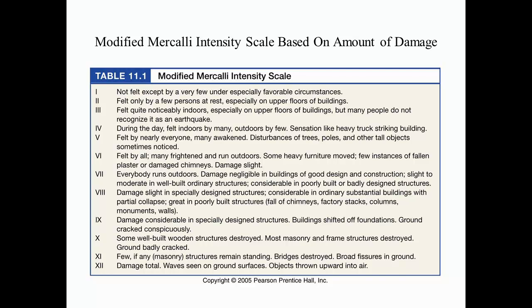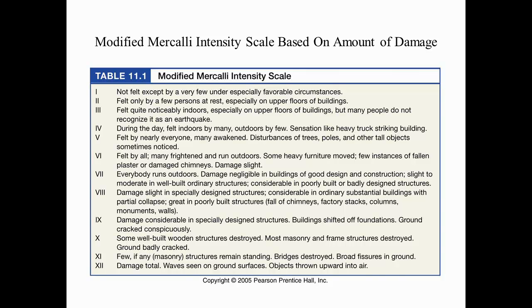Let's first of all look at the modified Mercalli intensity scale based on the amount of damage. And notice that in this case we use Roman numerals ranging from 1 to 12, where 1 is the weakest and 12 is the strongest.